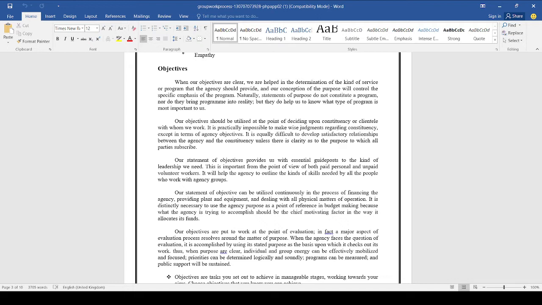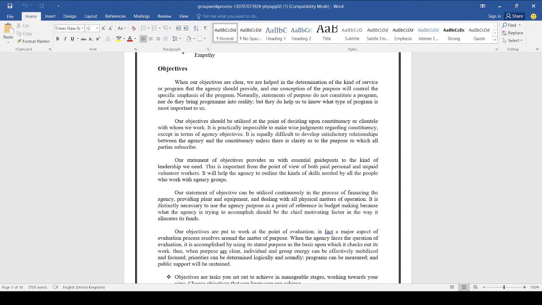Setting objectives will give us an essential guidepost for what kind of leadership we need in social group work. This is very important, especially what kind of leadership is suitable to the group work practice. It is according to our objectives.